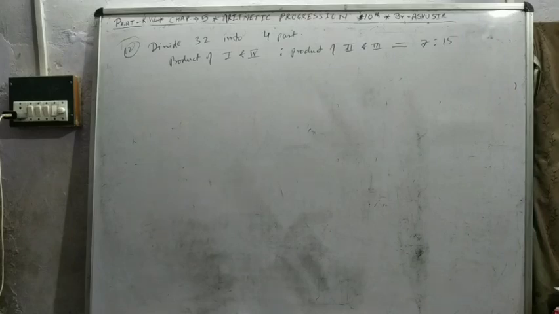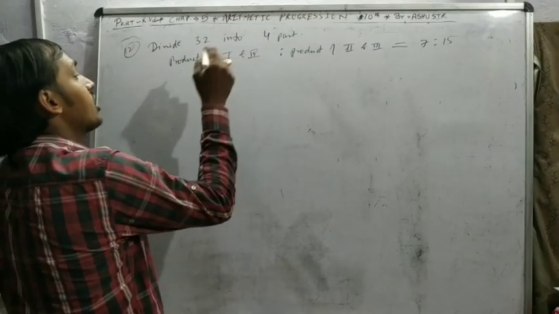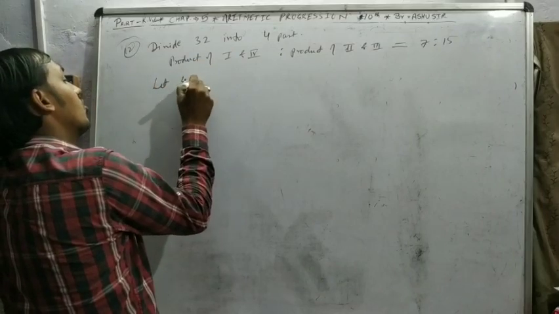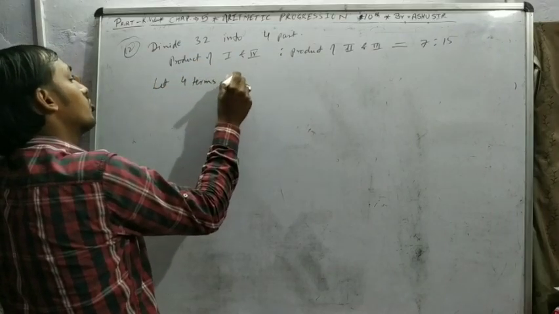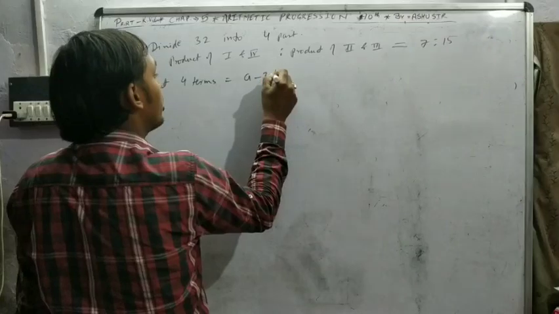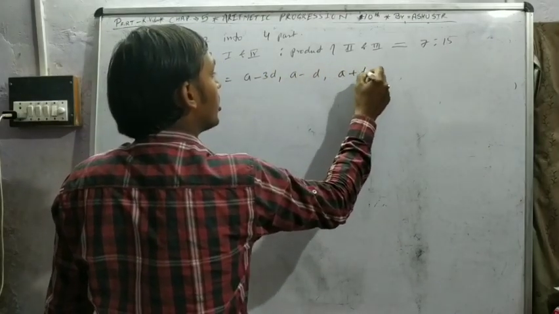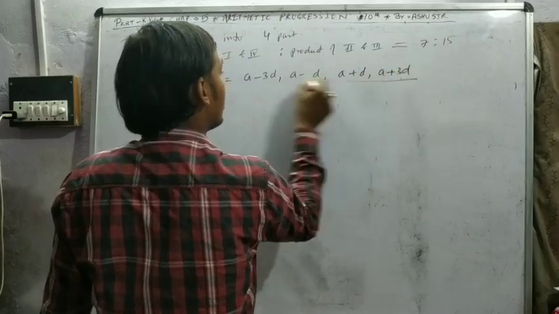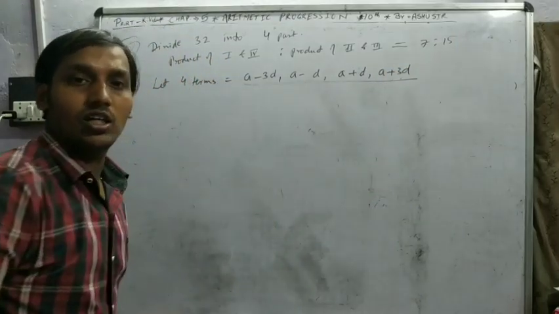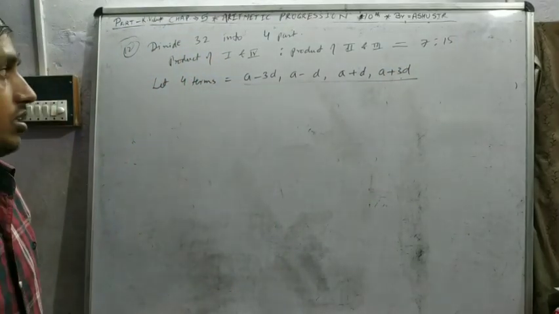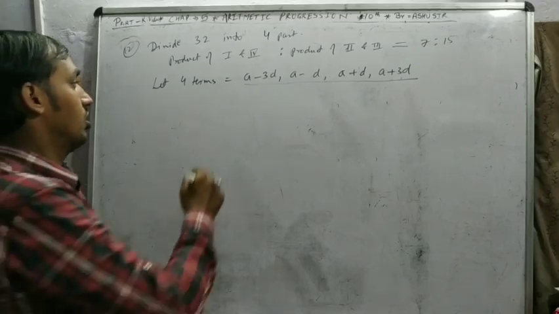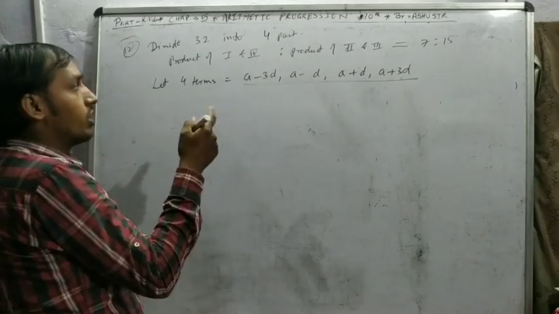So as we explained in the previous videos, we have to use the special condition. Let the 4 terms be a minus 3d, a minus d, a plus d, a plus 3d. These are the 4 terms in AP, the special condition. Here the common difference is 2d.